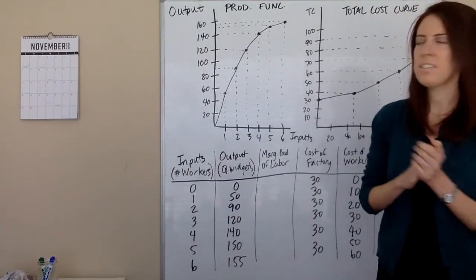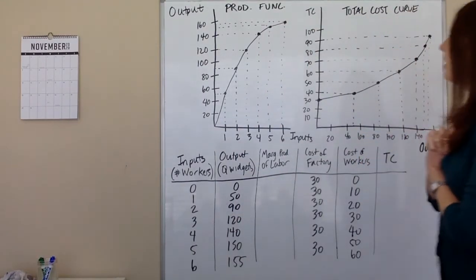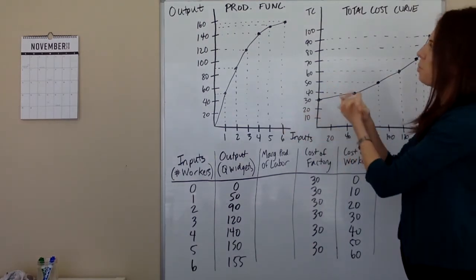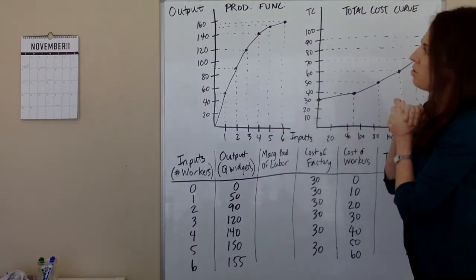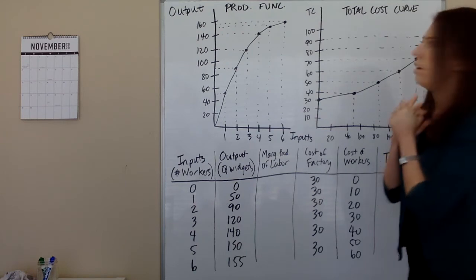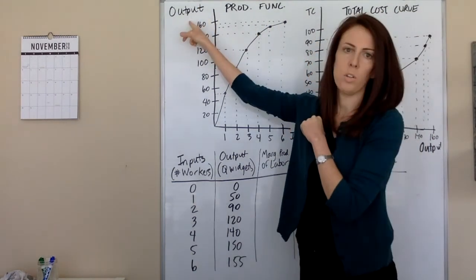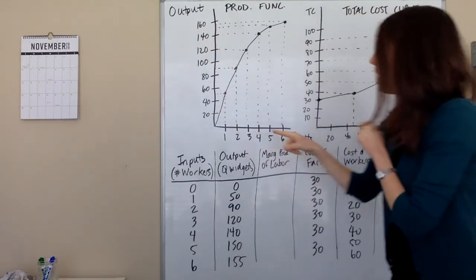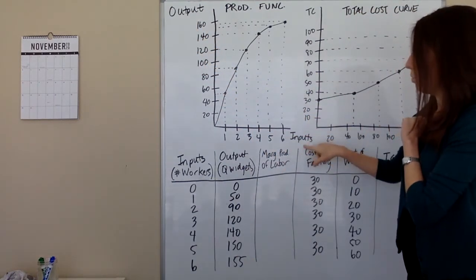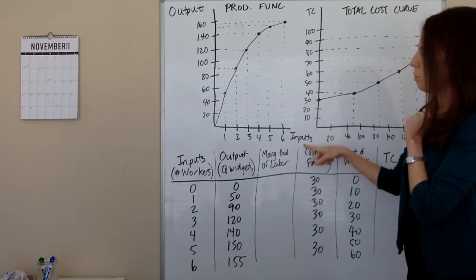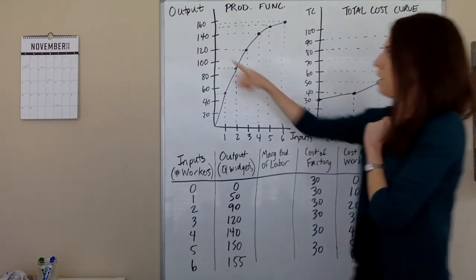Okay, for the exercise today, I drew some pictures for you. Picture number one is a picture of a production function, and note what the axes are. Along the vertical axis, we have the output, so this is like the number of units that a manufacturer makes, and along the horizontal axis, we have the number of inputs. So this would be like the number of workers that are used to make widgets.